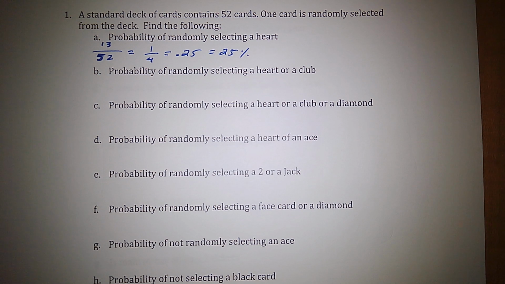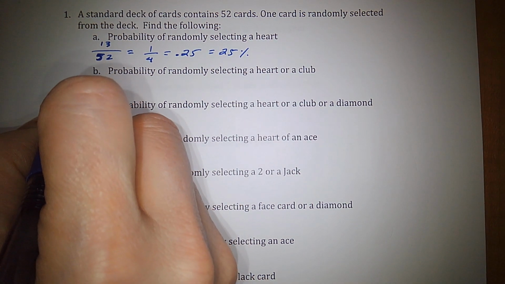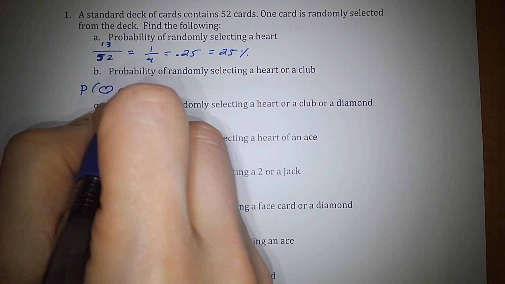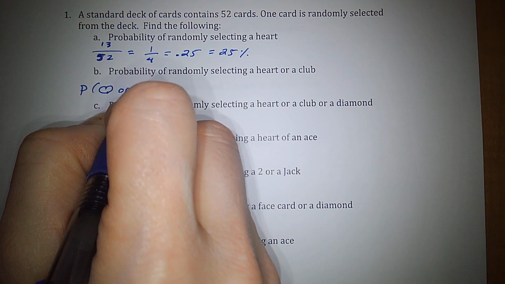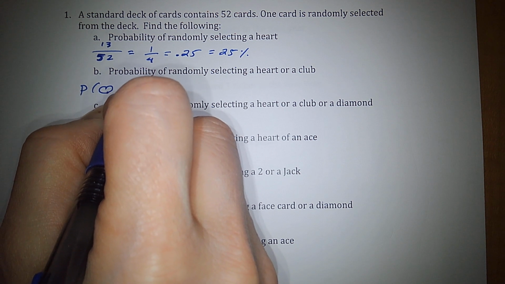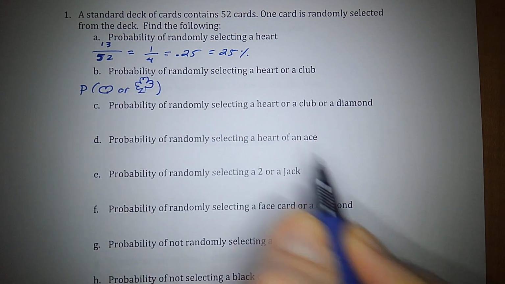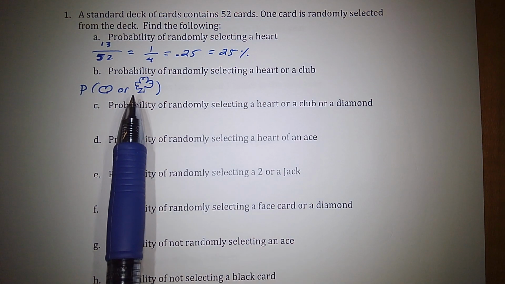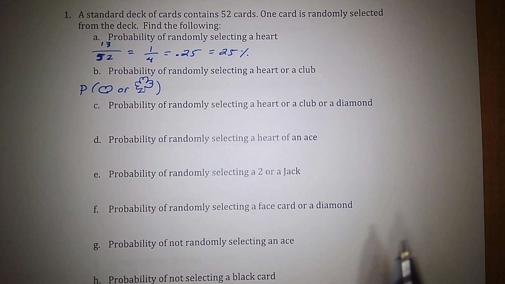How about the probability of randomly selecting a heart or a club? The first thing we need to do, since it's an or, I know I need to add the two probabilities together.